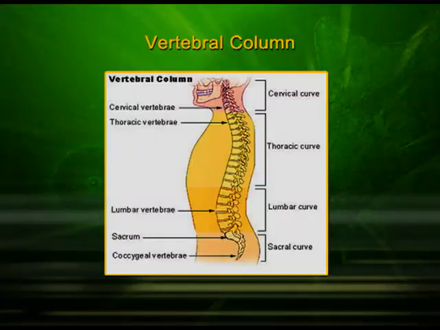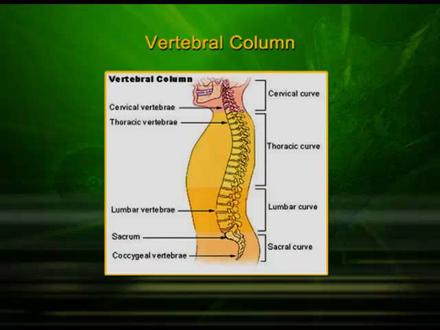So, this axis of our body is very important. It is lodging within it important parts of the nervous system and important parts of the skeletal system, in this case the axial system. You can see in this diagram the vertebrae arranged one after another.